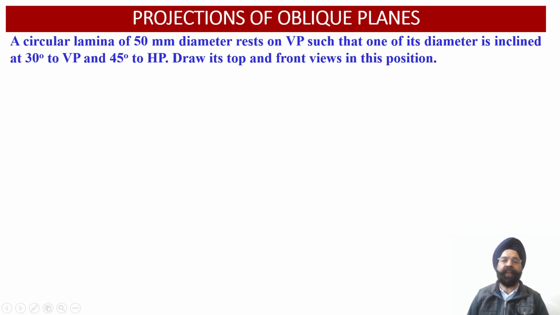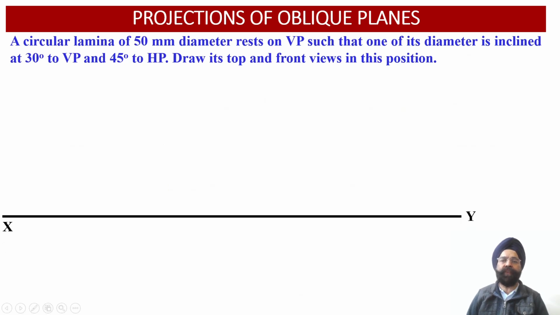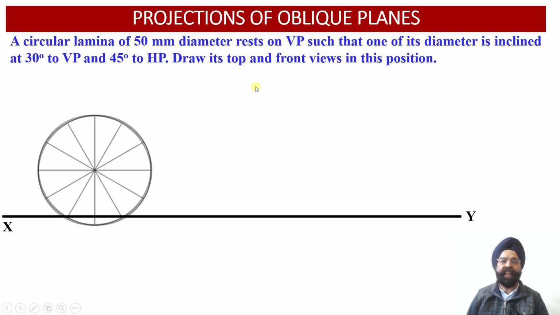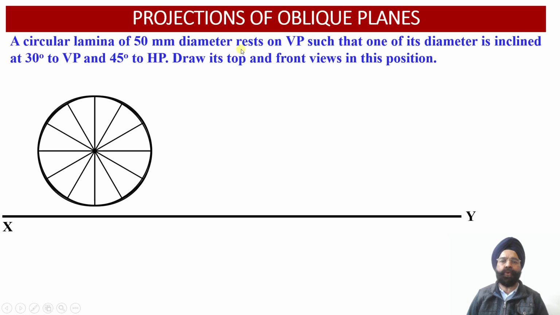Now let us proceed with the evaluation of the orthographic projections of this oblique circular lamina. So as we have discussed, the circular lamina happens to lie on the vertical plane. So on the vertical plane we are going to obtain the true shape projection of this lamina.